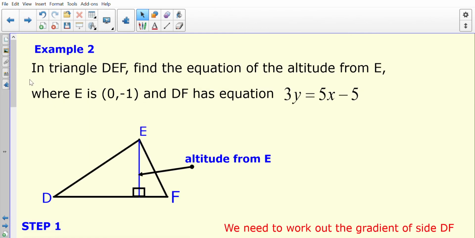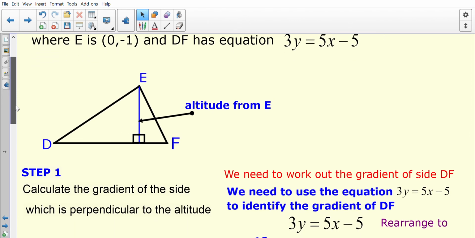Right, let's look at this second example then. So you've got a triangle DEF. Find the equation of the altitude from E, where E is (0, -1). DF has equation 3y equals 5x minus 5. Now, it tells us that E is (0, -1). The altitude is from E, so your diagram when you draw it would look something like this.